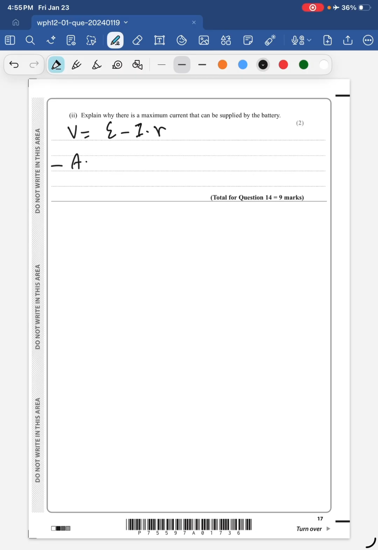So as I increases, it will eventually be the case that I times r is equal to the EMF, because the current cannot keep increasing forever.